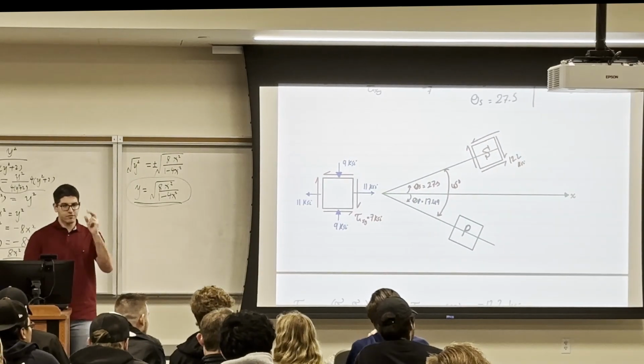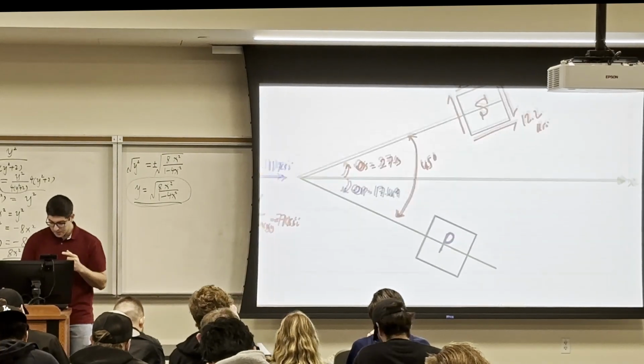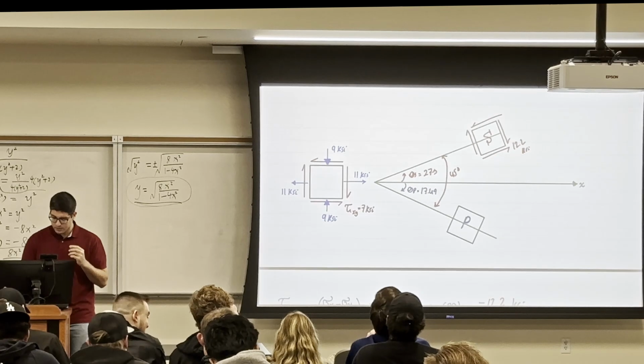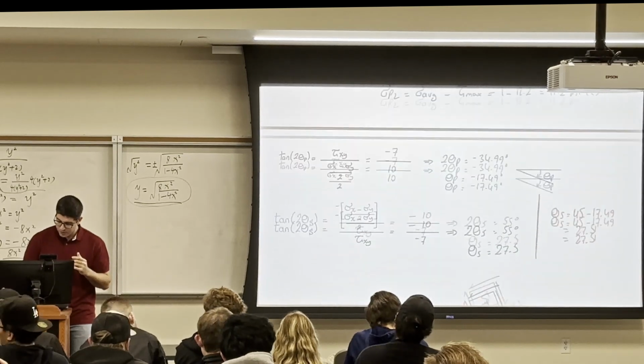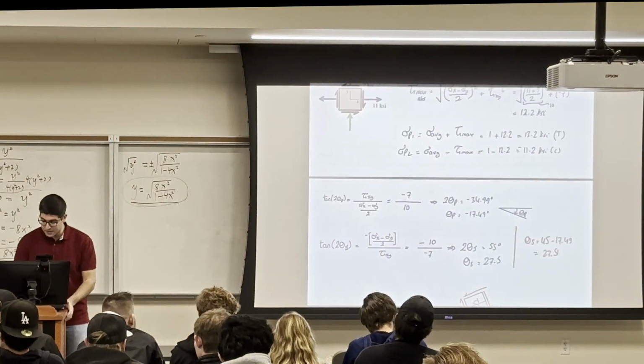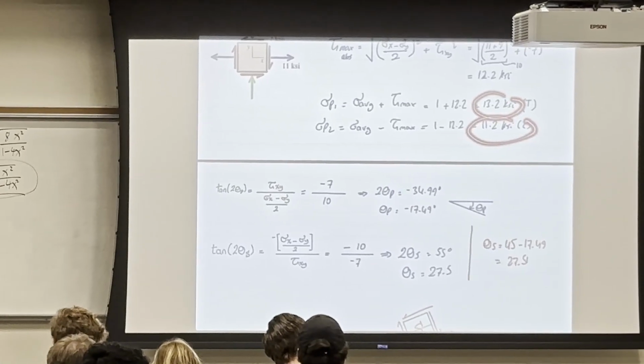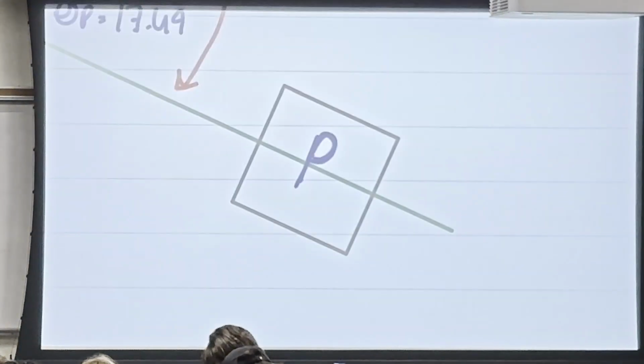Okay? Just give me 2 minutes. For theta p, for p1 and p2, I found them. I found one of them is 13.2 and the other 11.2. But which one is going to be here and which one is going to be here?